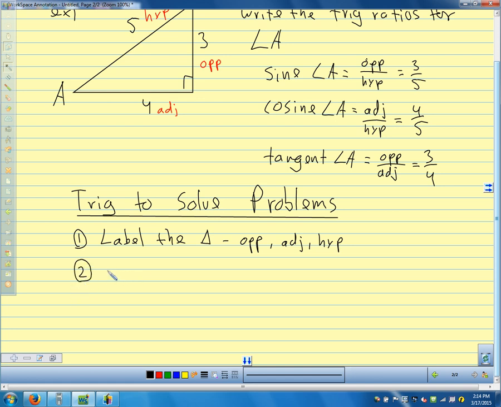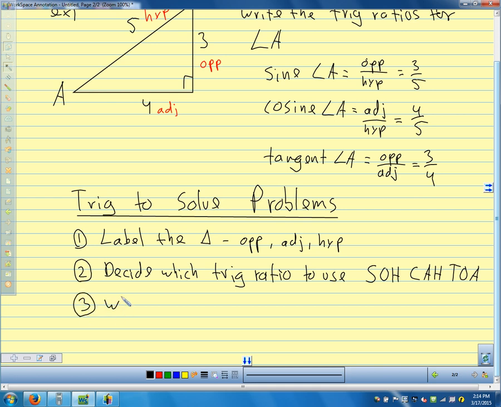Then we're going to decide which trig ratio to use. And the way we decide is based on which sides of the triangle we have, we use SOHCAHTOA. Depending on which sides of the triangle we have, we'll use the appropriate ratio.